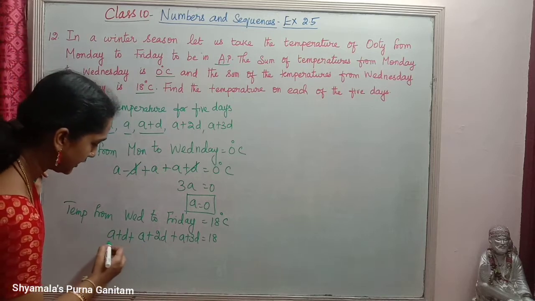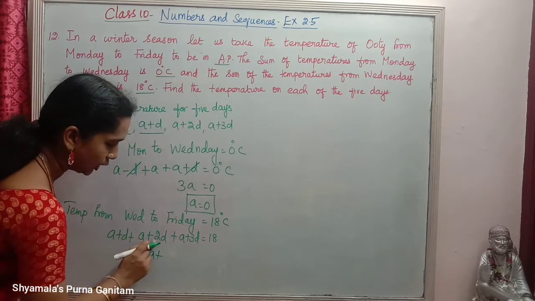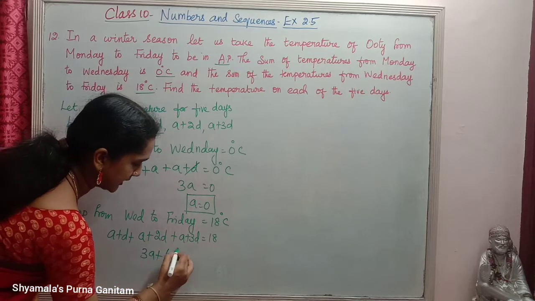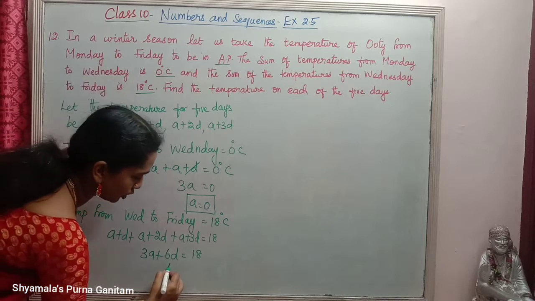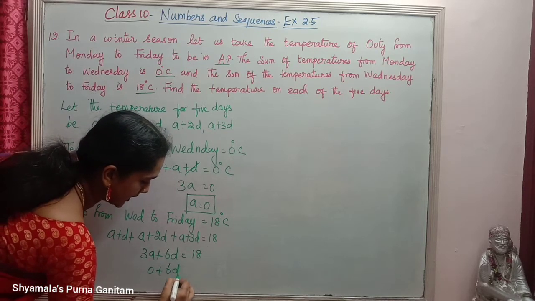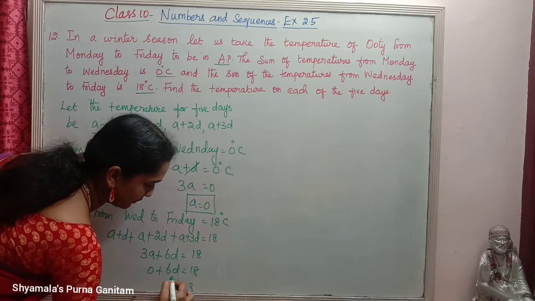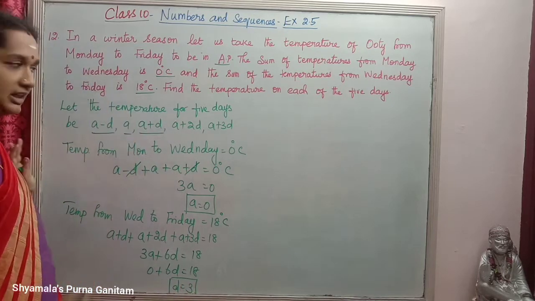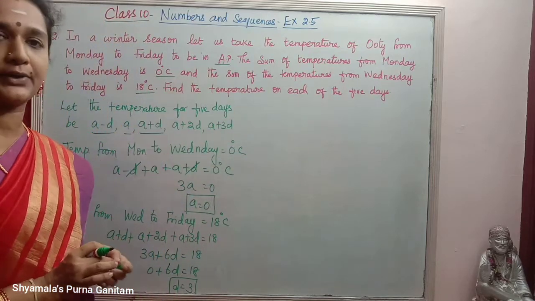Here 3A is there, so 3A plus D and 2D, which is 3D, is equal to 18. A we got as 0. So 0 plus 3D is equal to 18. So D is equal to 6. So the difference is 6. We are asked to find the temperature on each of the 5 days.